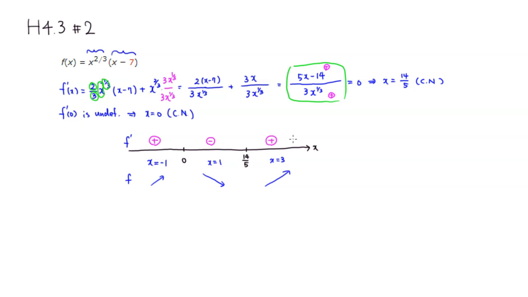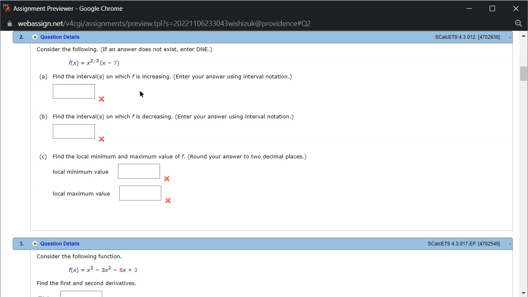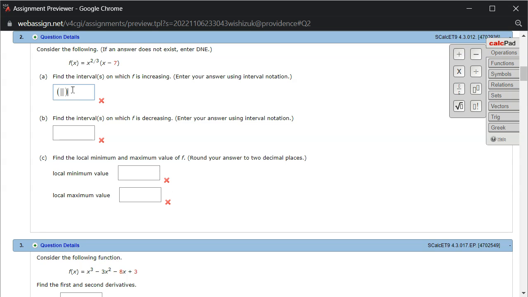Let's write it down here. It's increasing in the beginning, from negative infinity to 0, and actually we can include 0.